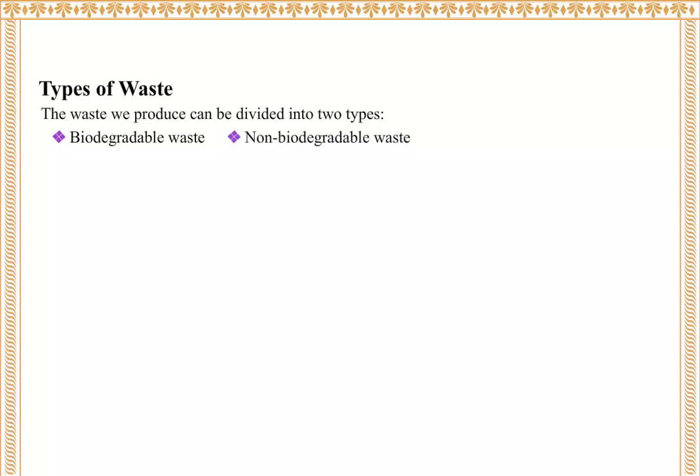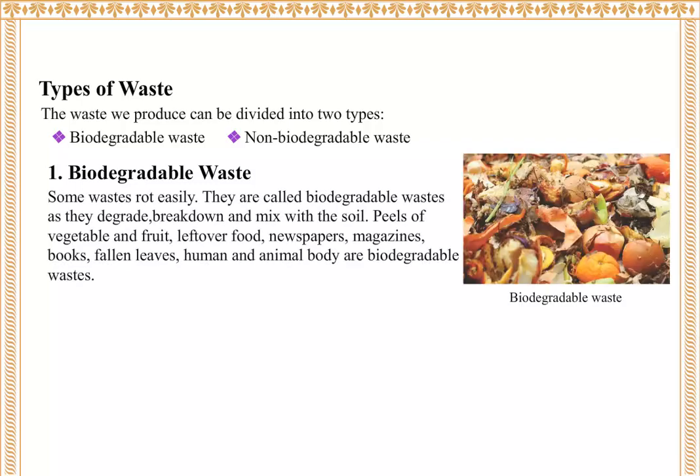Type of waste. The waste we produce can be divided into two types: biodegradable waste and non-biodegradable waste. 1. Biodegradable waste. Some wastes rot easily. They are called biodegradable wastes as they degrade, break down, and mix with the soil.